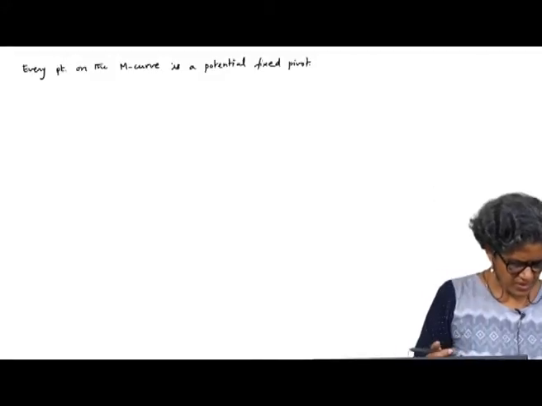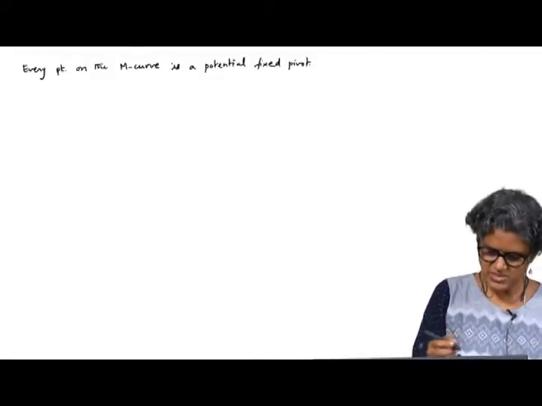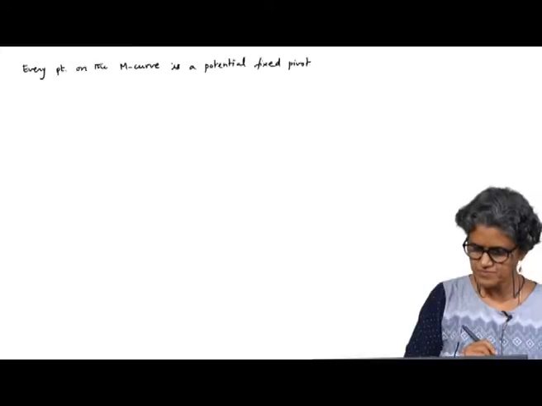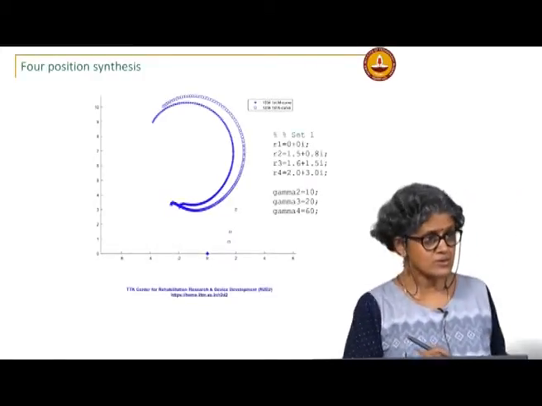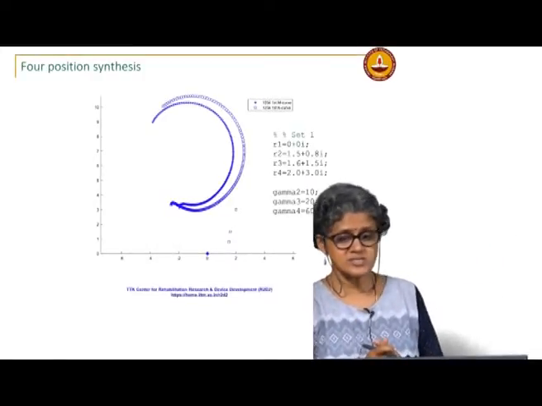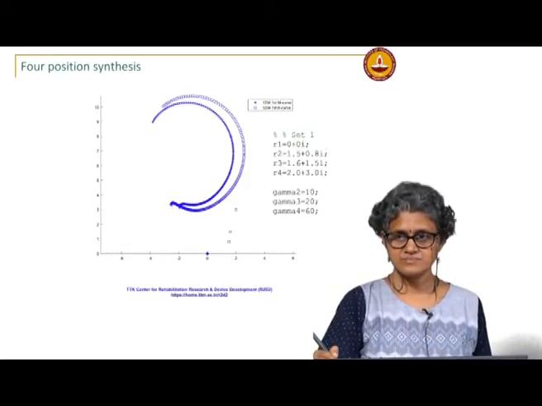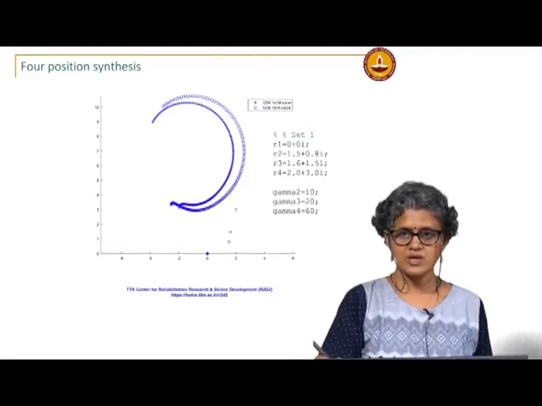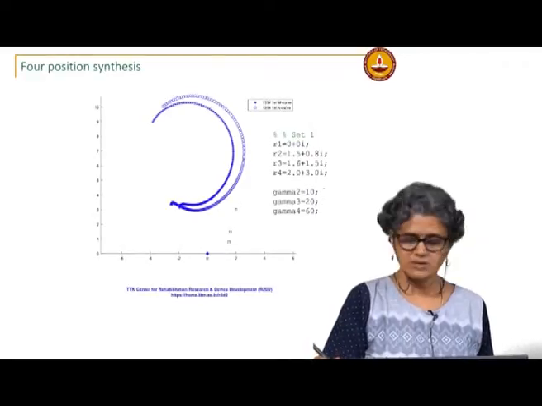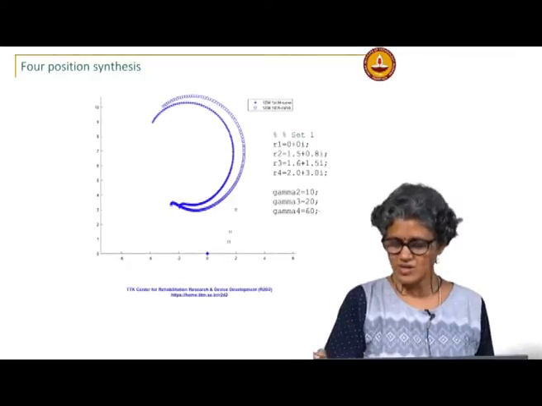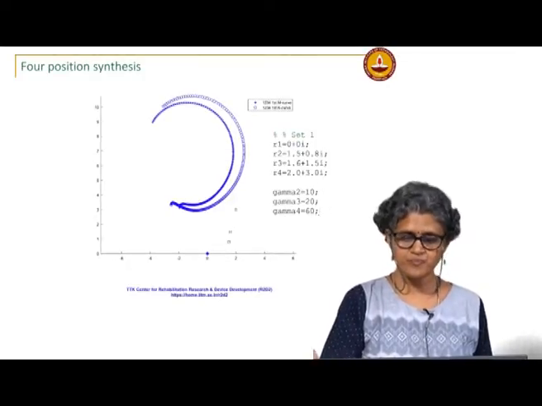Let me just show you. You can write the code for this, but I have 4 positions, 1, 2, 3, 4, and therefore the corresponding rotations gamma 2, gamma 3 and gamma 4.